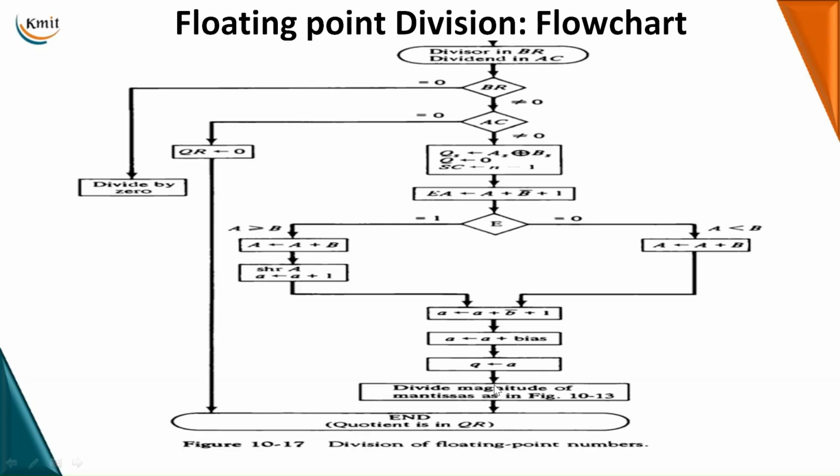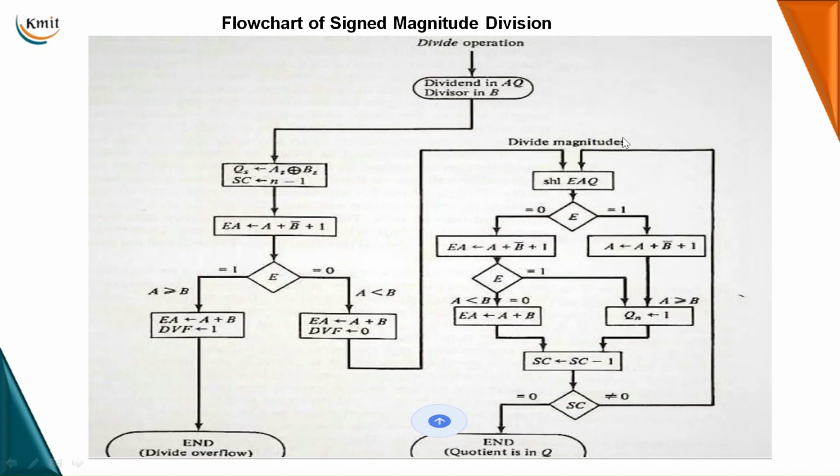The next step is to divide the magnitude of the mantissas. For dividing the magnitude of the mantissa part of your floating point numbers, you implement the sign magnitude division algorithm. You just perform the divide magnitude part of this algorithm to divide the mantissas.